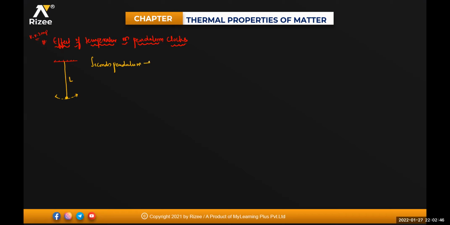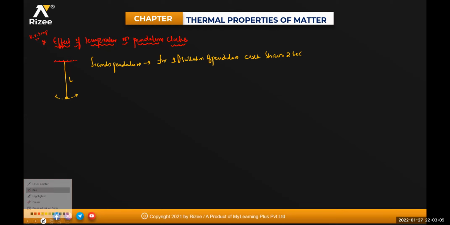What is a seconds pendulum, beta? For one oscillation of pendulum, clock shows 2 seconds. One oscillation means what, beta? Can anyone tell me?